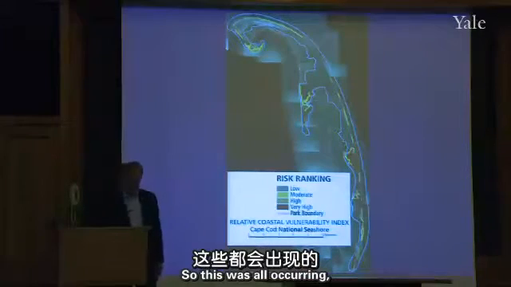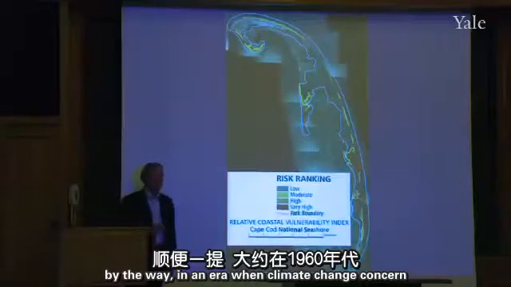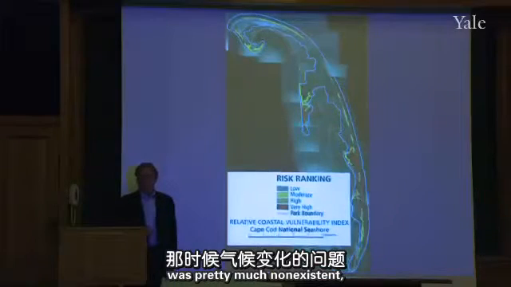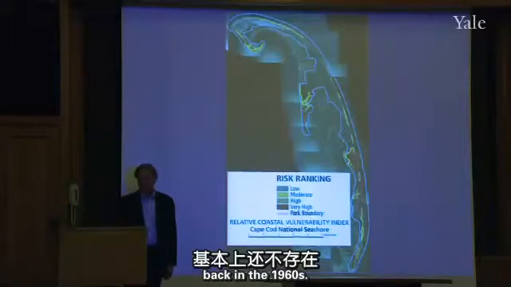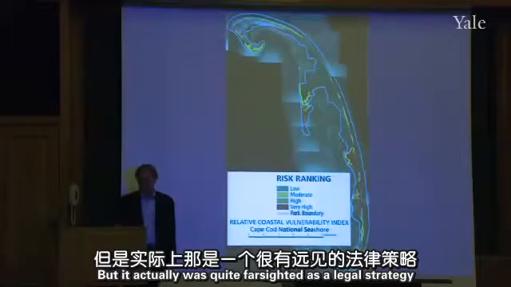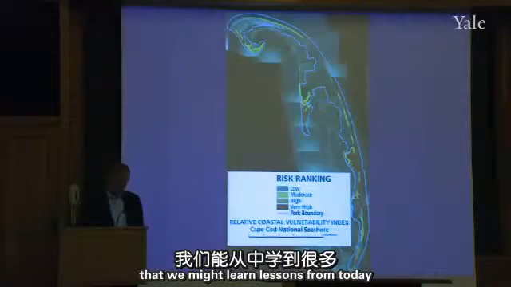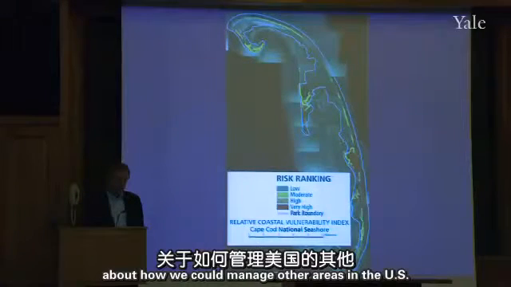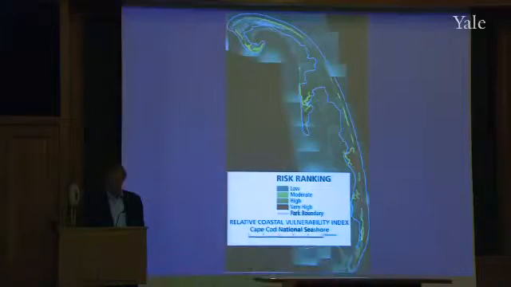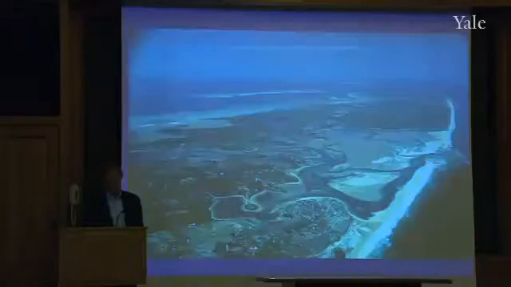This was all occurring, by the way, in an era when climate change concern was pretty much non-existent back in the 1960s. But it actually was quite far-sighted as a legal strategy that we might learn lessons from today about how we could manage other areas in the U.S. that are relatively undeveloped.